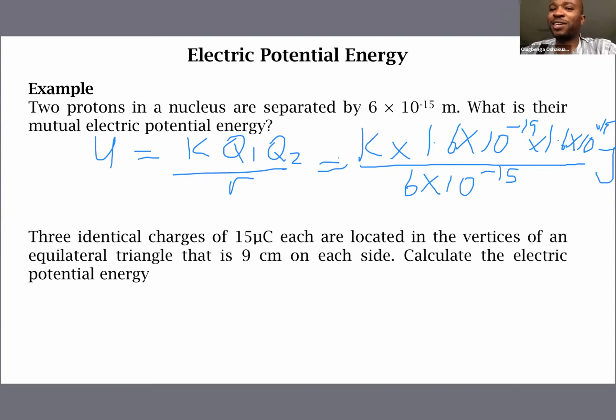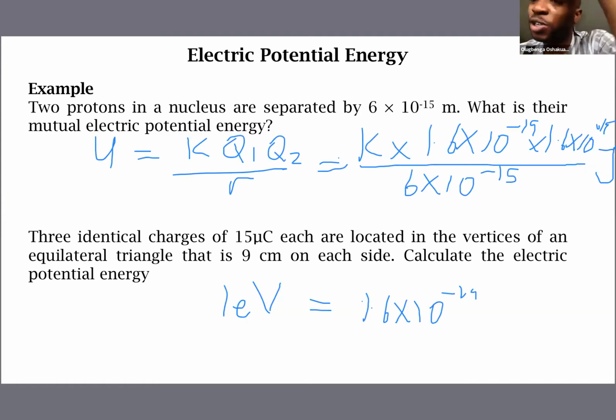But sometimes it is convenient to talk about these energies in terms of electron volts. So whatsoever we get here, we divide by 1.6 times 10 raised to power minus 19, because one electron volt is 1.6 times 10 raised to power minus 19 joules.